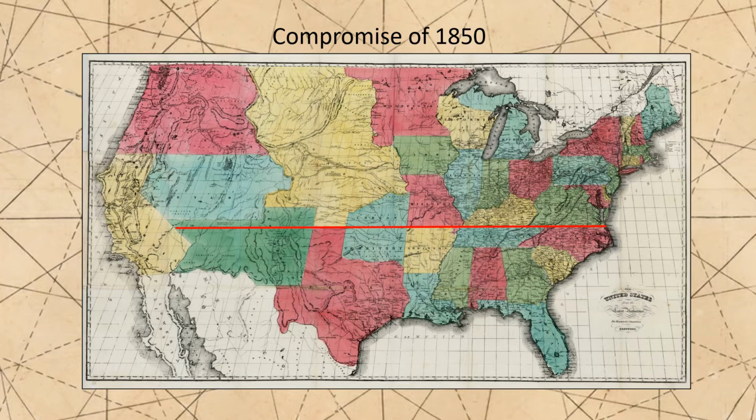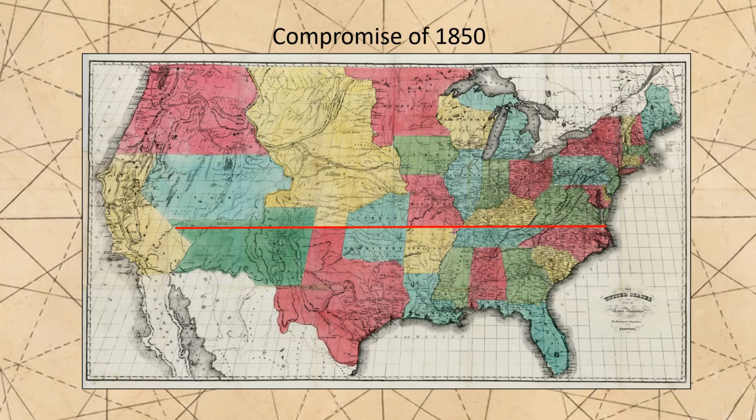You can also see how both the new territories of New Mexico and Utah extend north of that line, and thus, in theory, should be prohibited from allowing slavery. However, Southerners went along with the creation of these territories because they were created under the rule of popular sovereignty, which meant that their citizens could vote on whether or not they would be free or slave.